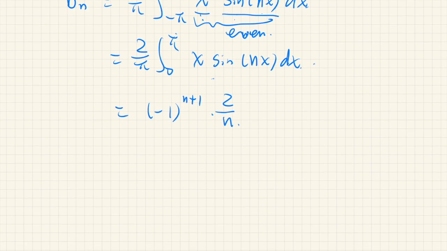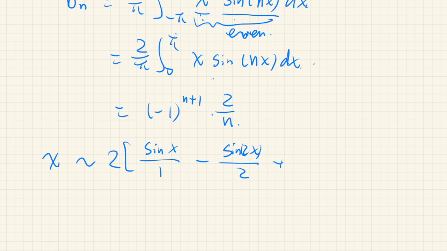So, in summary, this function f of x, which is x, has its Fourier series given by 2 times: when n is 1, sine x over 1, minus sine 2x over 2, plus sine 3x over 3, and so on.